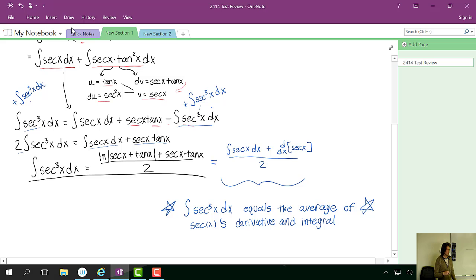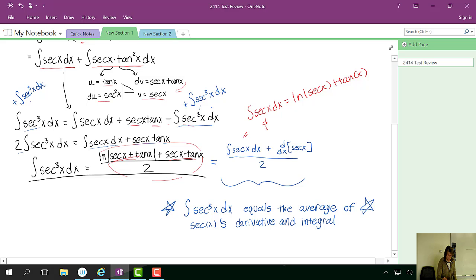But what ends up being nice about this formula is that we notice, if we look at the answer we get, the first part of it right here, that's always equal to natural log of secant plus tangent, right? Just integral of secant, right? And the second part, secant times tangent, well, that's equal to what?